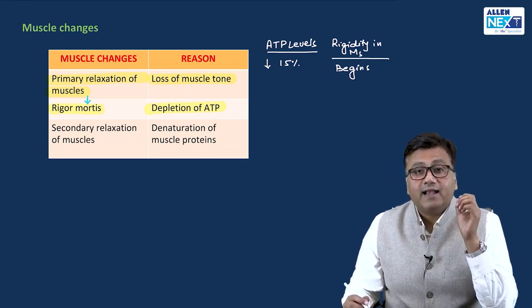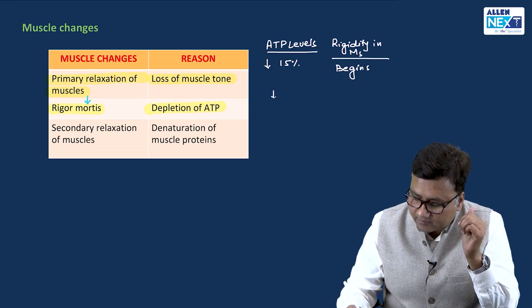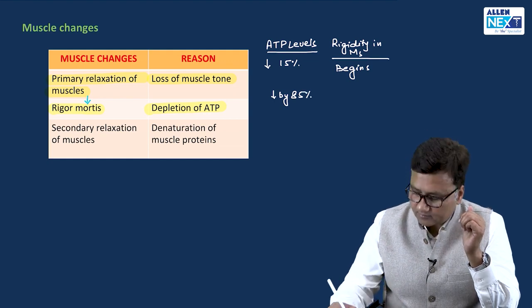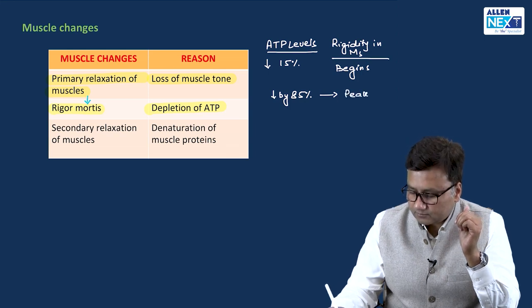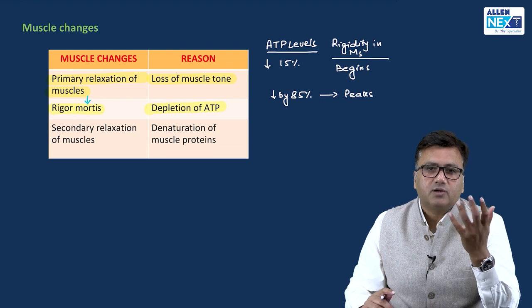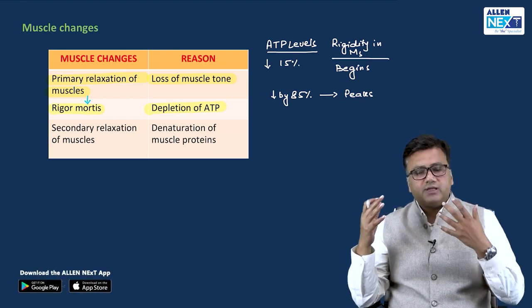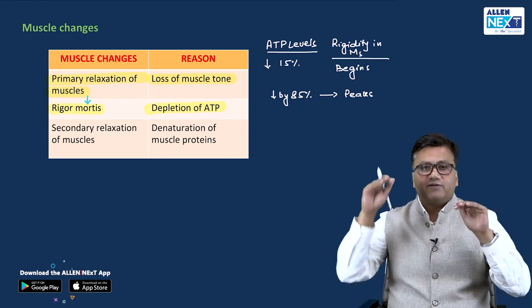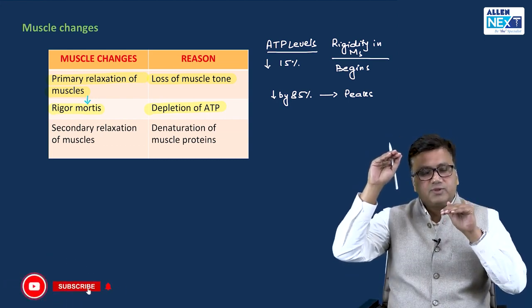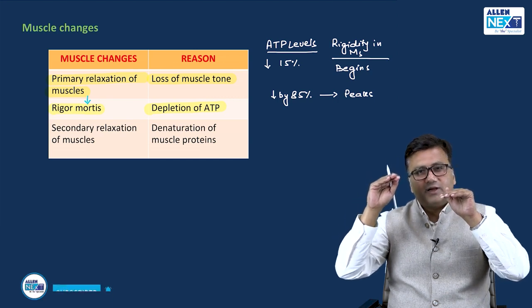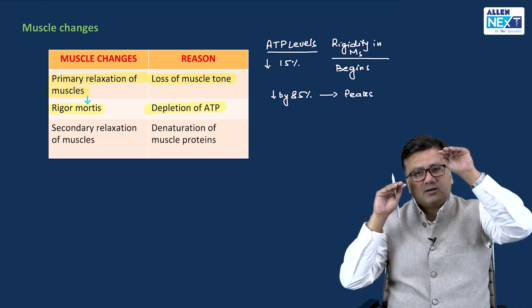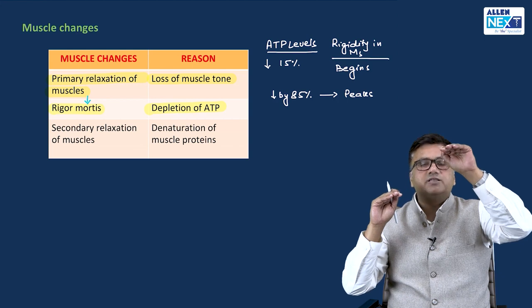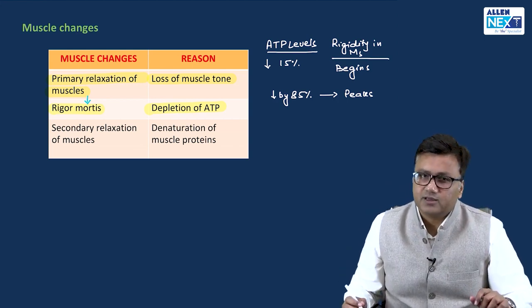And when the ATP levels are depleted by 85%, rigidity in that muscle reaches its peak. So, rigidity starts to be seen in a particular muscle when ATP stores have depleted by 15%. As the ATP store keeps on depleting, the rigidity keeps on going up. And when the ATP stores are depleted by 85%, rigidity for that muscle reaches its peak.